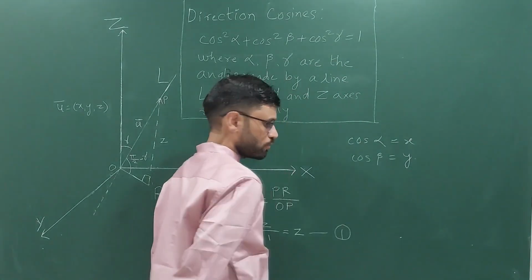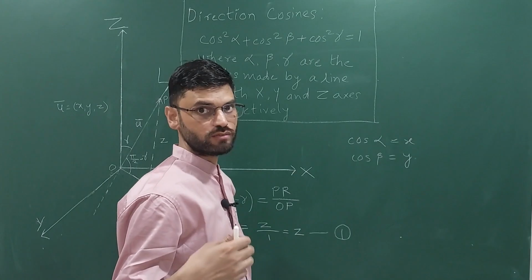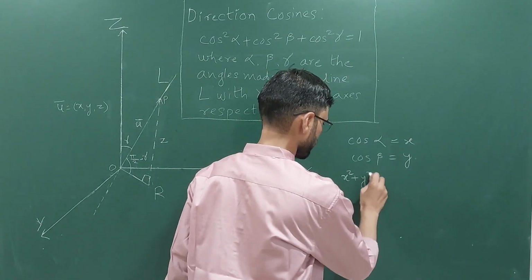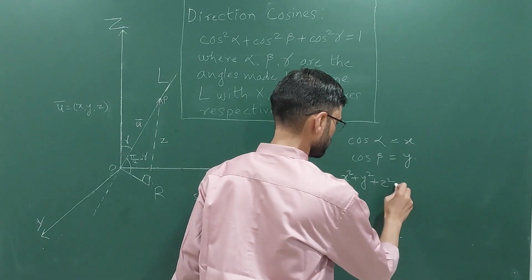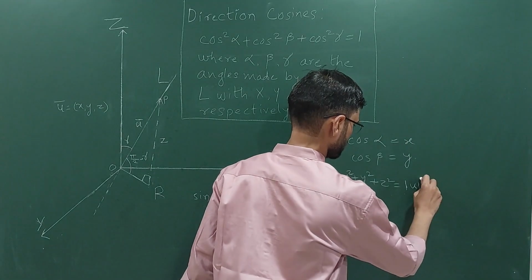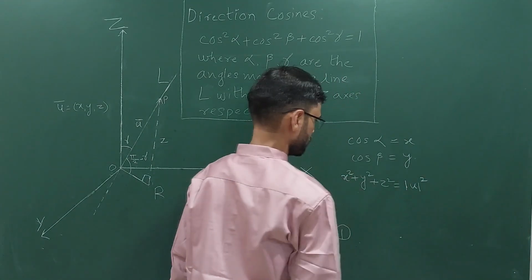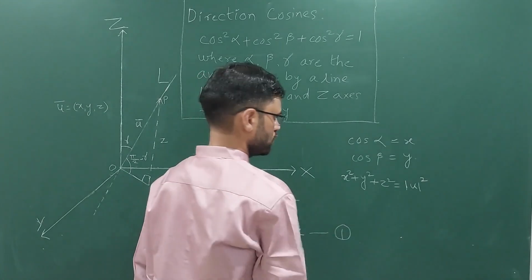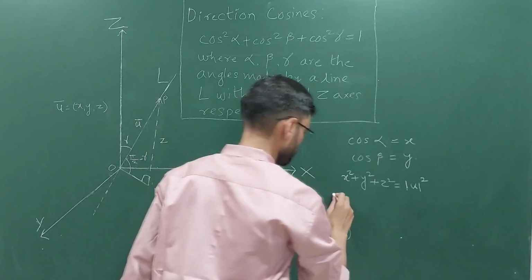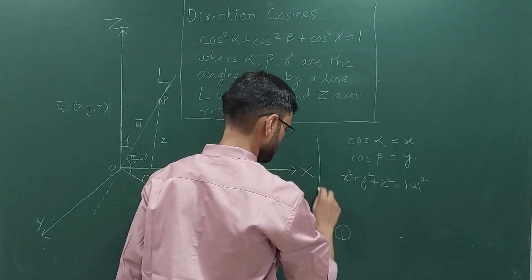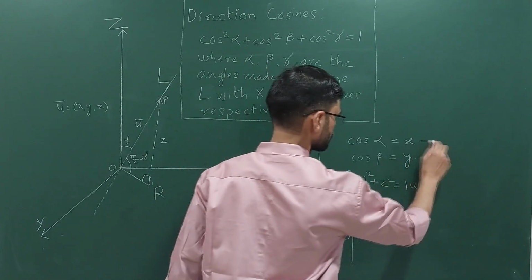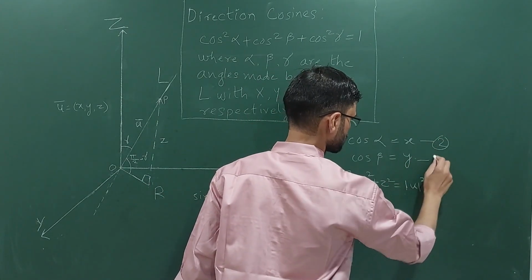By the formula for the length of the vector, we have x square plus y square plus z square equal to the length of the vector u, the square. This is what we know. Now we can substitute for this x, y and z over here. I want to call this 1, this is 2 and this is 3.